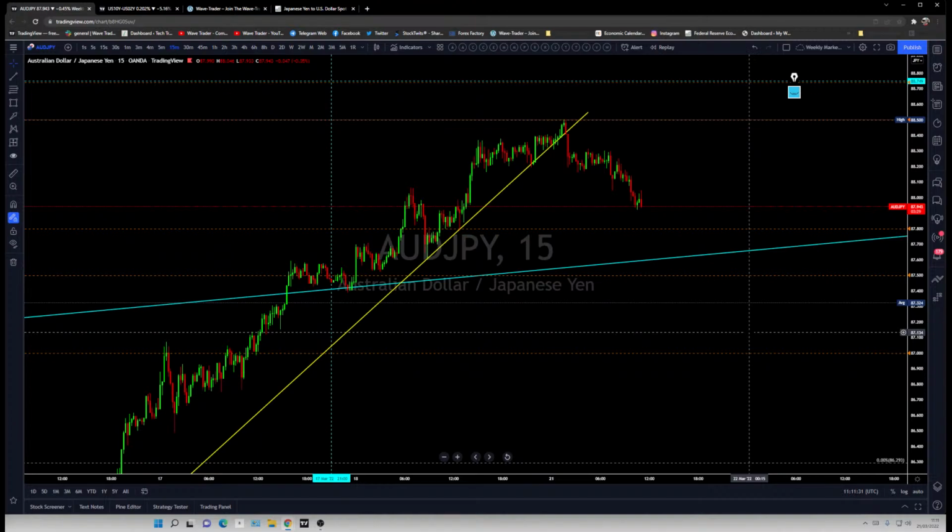So if I compare the Australian dollar and yen with the New Zealand dollar and yen, the New Zealand dollar and yen is going to be much better compared to the Aussie yen. But the risk on the Kiwi yen is that it can still push higher and go beyond the previous top, like the Aussie yen has done.